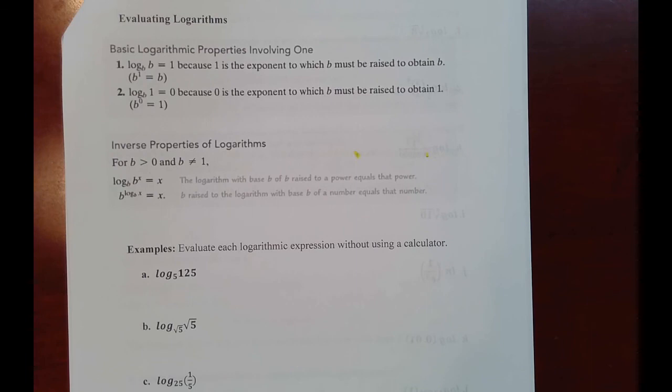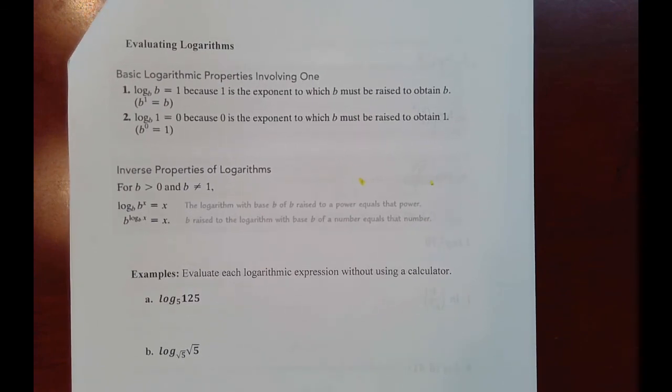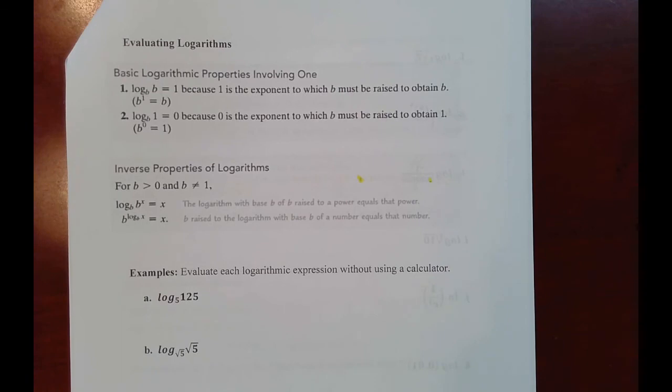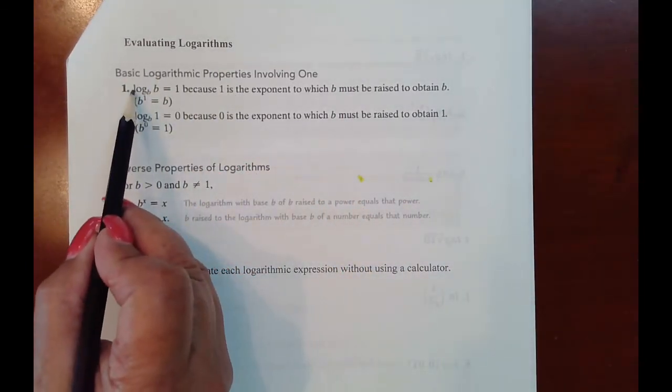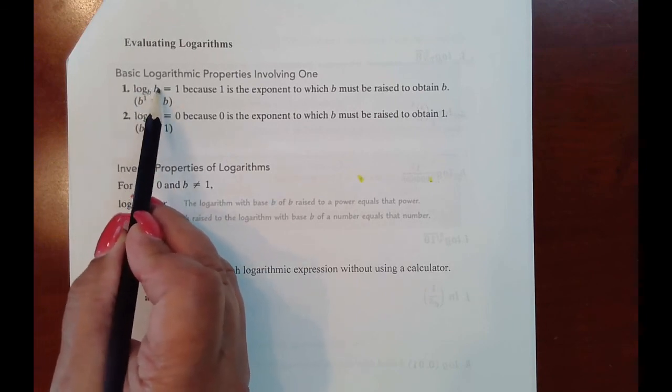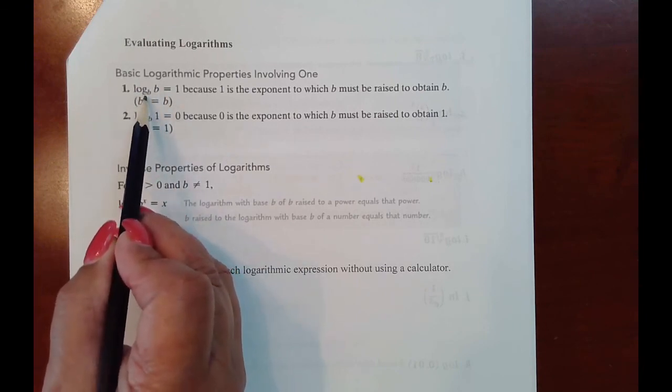Okay, moving on. Just a couple of properties that I threw in here for simplifying logarithms. That is what's called the inverse property, and that is when the argument, the value right out in front of the log, matches the base.